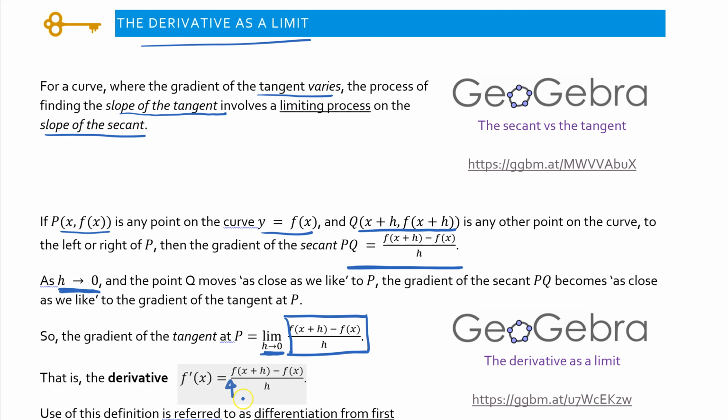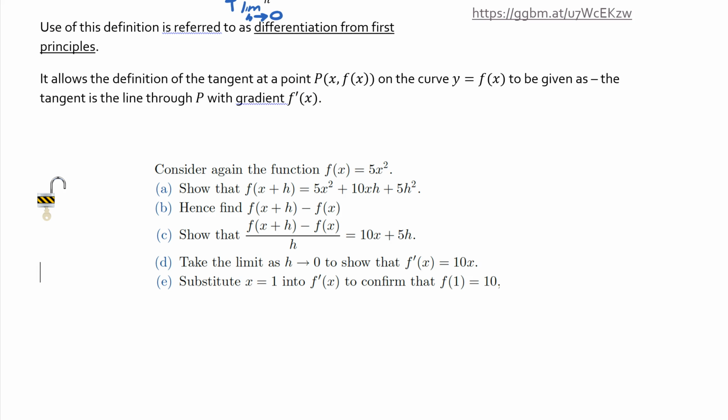That should say f dashed of x equals the limit as h tends to 0 of that. So this process is called differentiation from first principles. And again, differentiation from first principles is a tedious but important process. It's not the process we'll use unless we're particularly instructed to, but for the moment, we'll get our head around the concept.